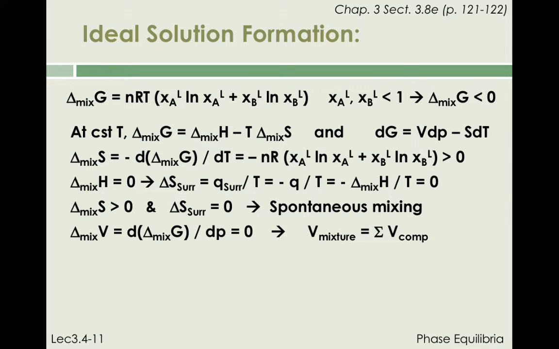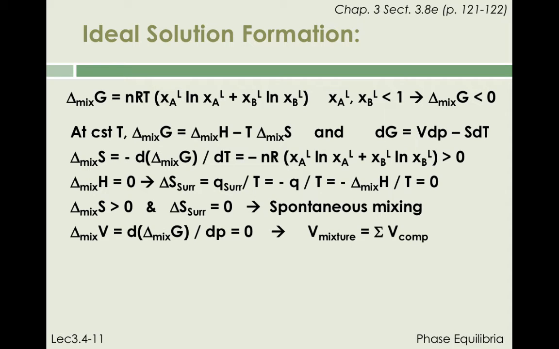Using dG equals VdP minus SdT at constant temperature indicates that V equals dG over dP, from which we conclude that the change in volume upon mixing, delta mixing V, is equal to the derivative of the Gibbs energy change upon mixing with respect to pressure, or d delta mixing G divided by dP.